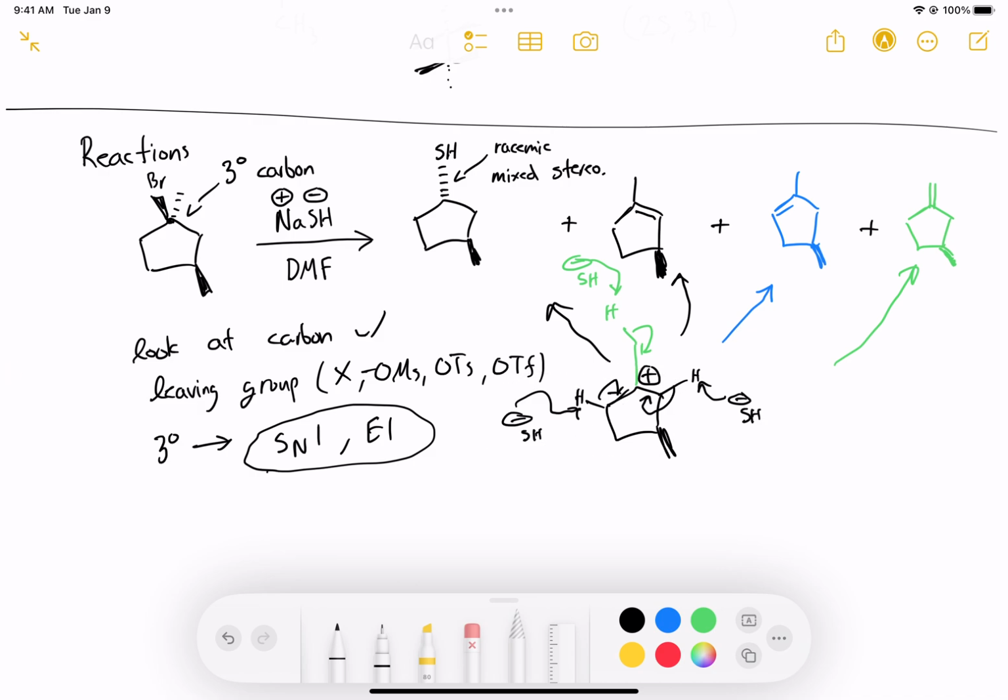Oh, that's not going to work. No, I don't want that. Okay, never mind. Go back. Here you go. All right. So that would be the formation of that product. And then, yeah, it's not going to work. Anyway, we can just draw over it.